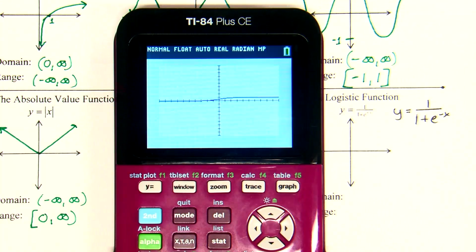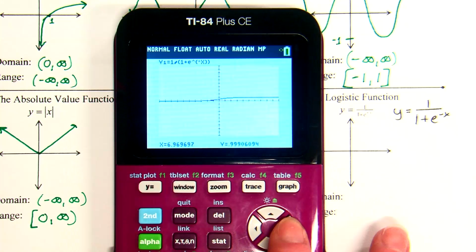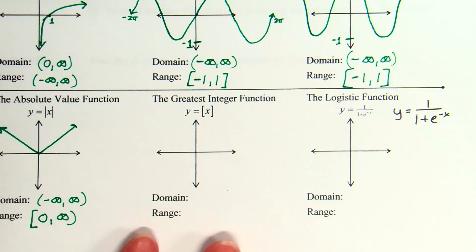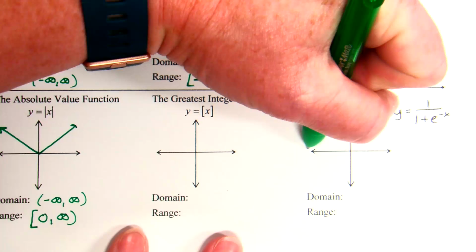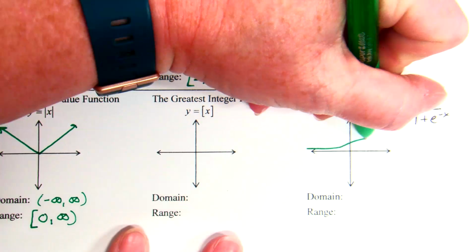If you start tracing over there and watch those y values, they get very close to 0.999999, but you can never get it to go up to 1. So, there's kind of two horizontal asymptotes. Now, keep in mind, I skipped a graph, right? So go off to your right here. It runs along the x-axis, around the origin, it kind of shifts up, and then it runs along over here.